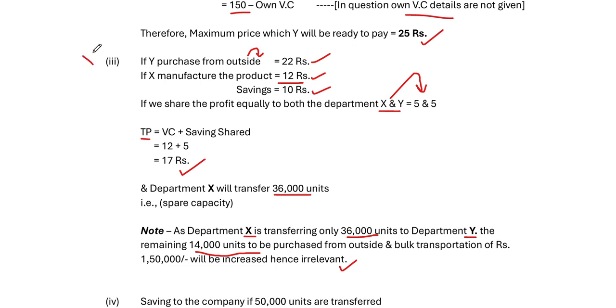This option is not feasible. So they should avoid option number 3, because although department X is transferring only 36,000 units, they still need to buy the remaining 14,000 units from the outside market. Irrespective of units, they have to pay 1,50,000 as transportation cost. So this approach is irrelevant.